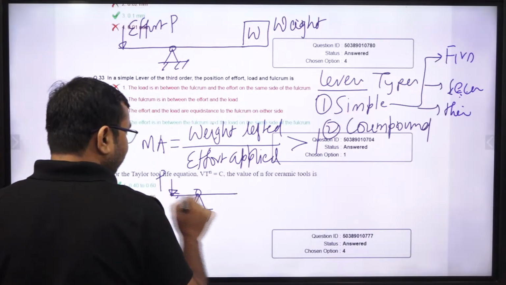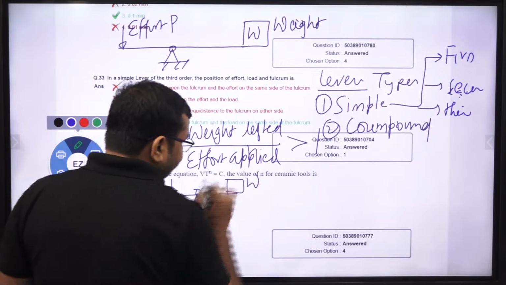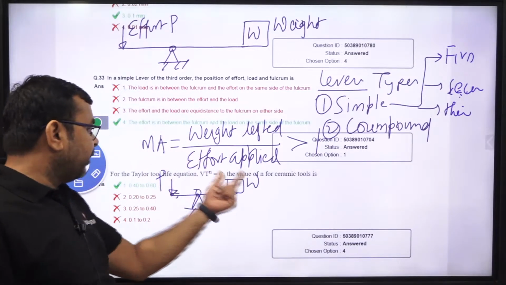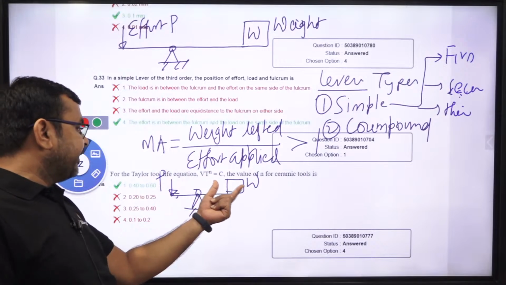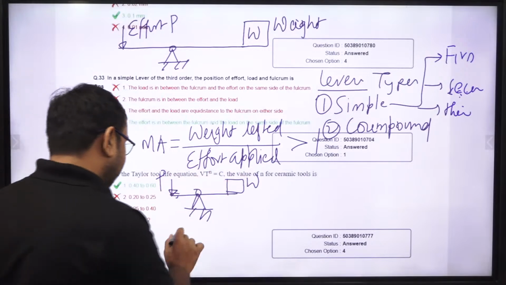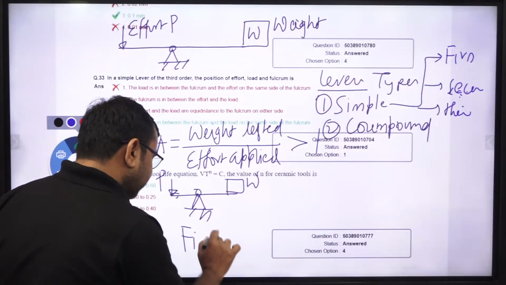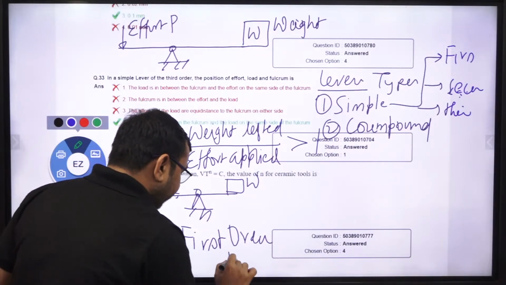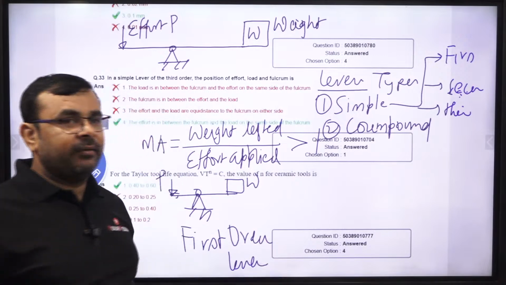Here we have the effort applied, and here this is the load lifted. If effort and load lifted are exactly opposite to each other about the fulcrum, then this is called a first order lever.